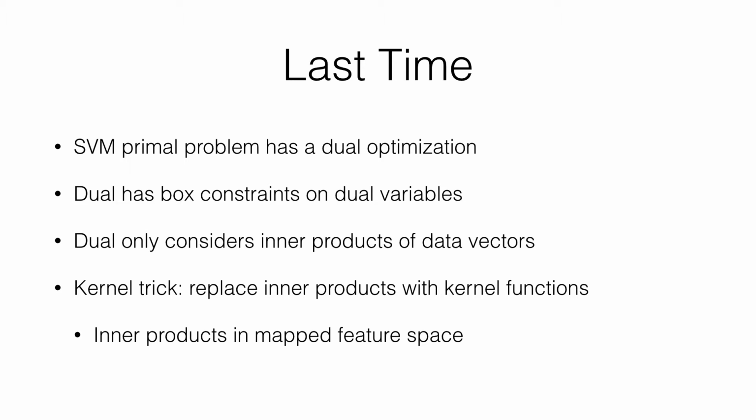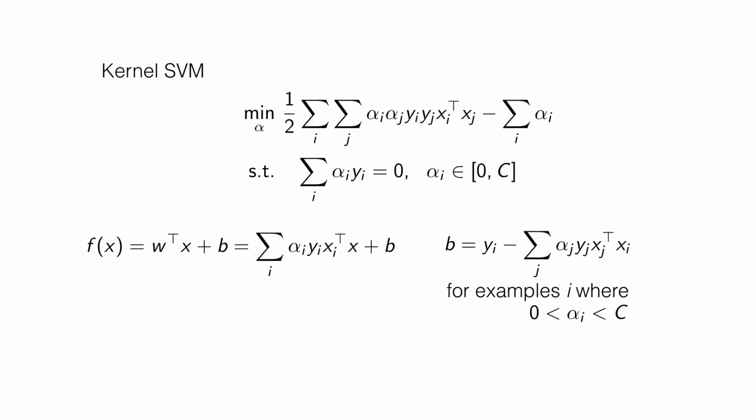And I talked about that at the very end of the last video and didn't go into detail, so we'll look closer at it in this video. So this is the form of the dual SVM, and when we add a kernel function and replace these inner products, we get the kernel SVM.